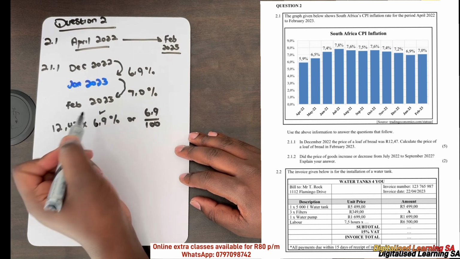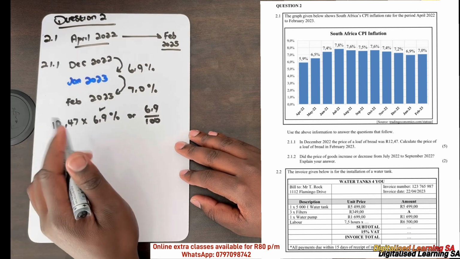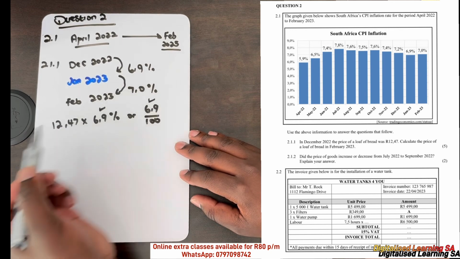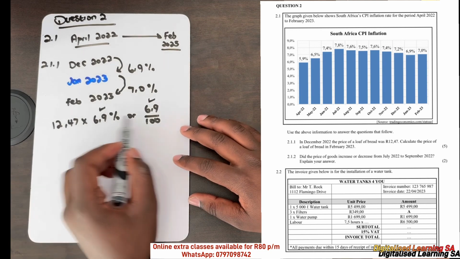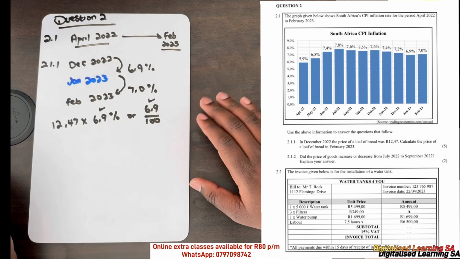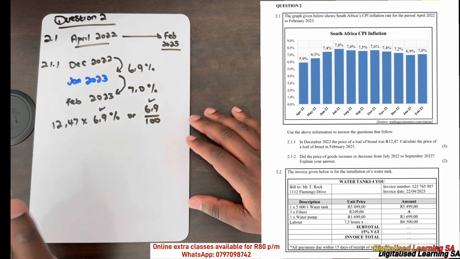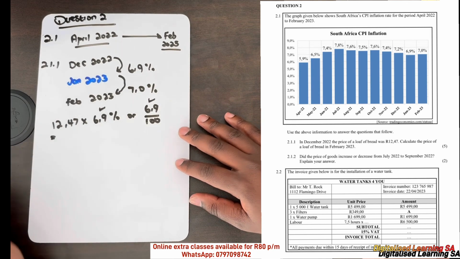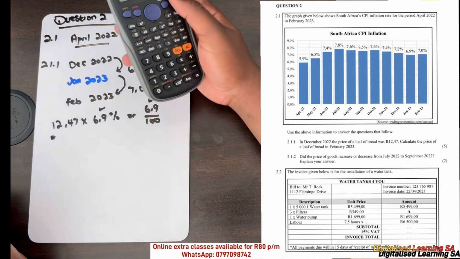If you use this method, you will get an answer, and if you use the other method you will still get an answer. So both these methods work the same, so the answer that you will get will be the same. Okay, now let's see how much we will get.